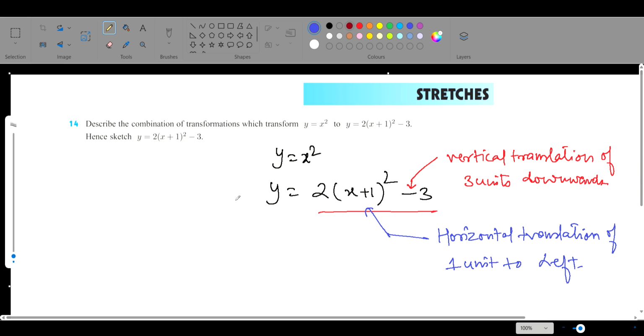Then this 2 is multiplied, this is a vertical stretch with a scale factor equal to 2. Right? So we have all three transformations happening here.